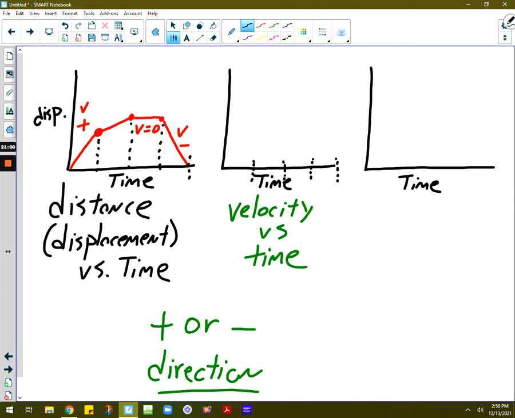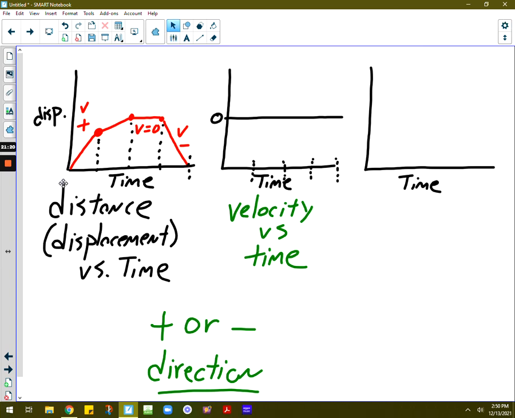So, let's go ahead and do the easy one first. Oh, but wait a minute. Here, we're going to actually have to put our 0 in the middle of our graph, because we have some portions where our velocity is negative.